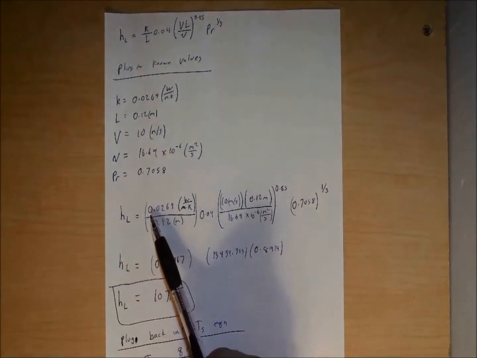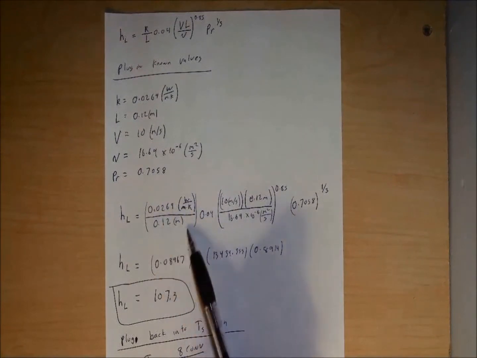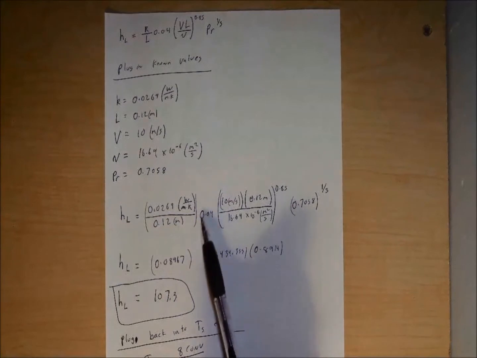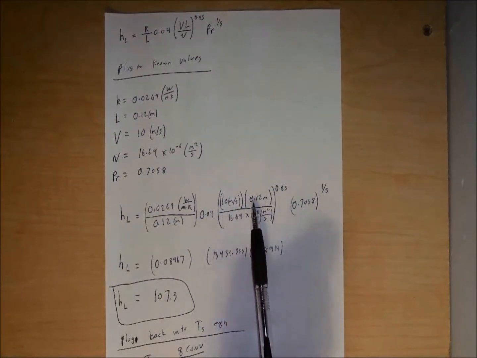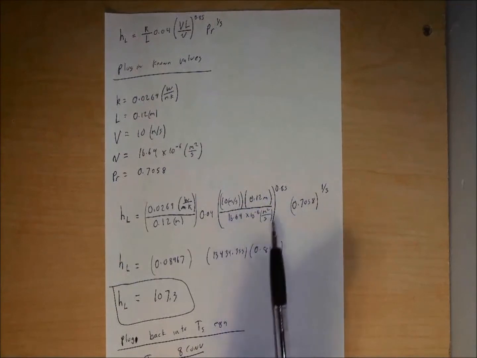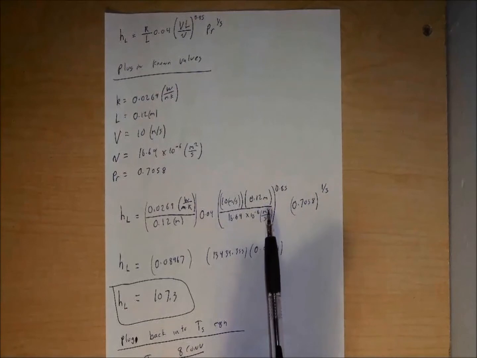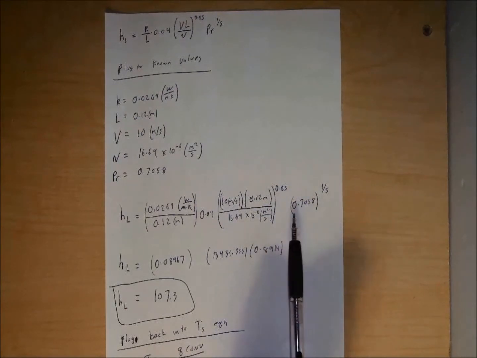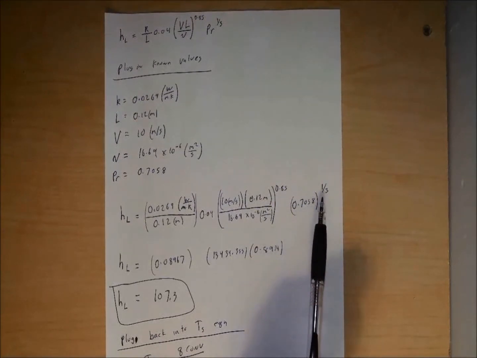h sub L is equal to 0.0269 watts per meter Kelvin divided by our L value of 0.12 meters, times 0.04 times 10 meters per second times 0.12 meters divided by 16.69 times 10 to the negative 6 meters squared per second, all to the 0.85 power, times 0.7058 to the 1/3 power.